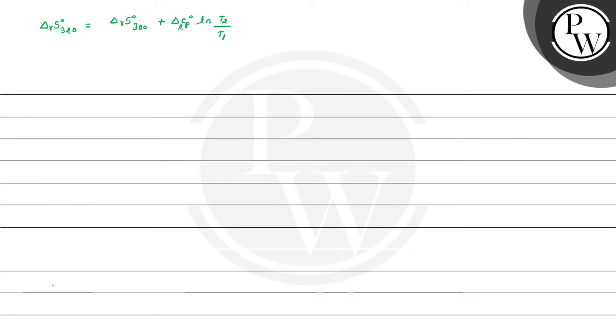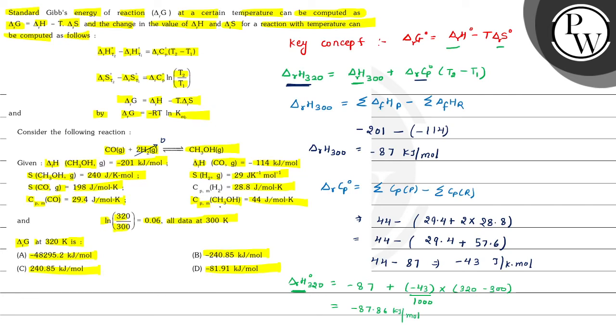Firstly we have to calculate the entropy at 300 Kelvin, which equals the summation of entropy at product side minus the summation of entropy at reactant side. At product side, for CH3OH the value is 240.